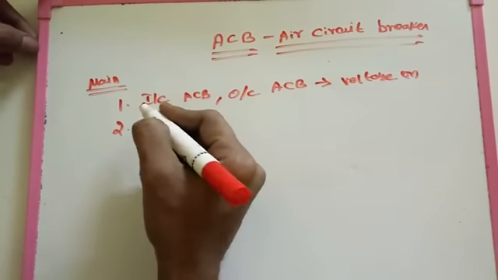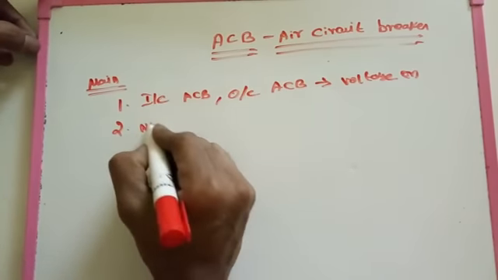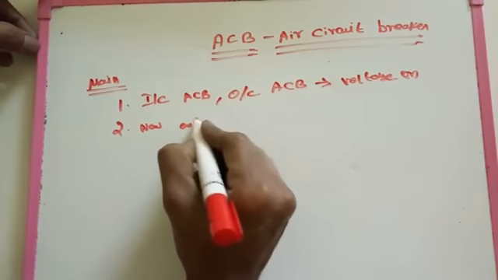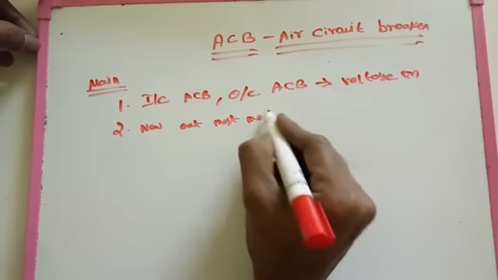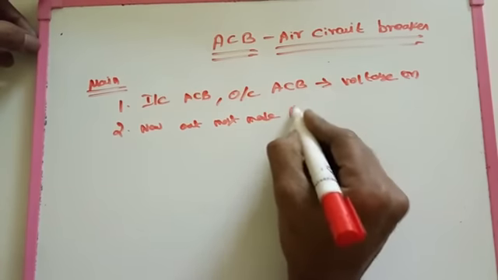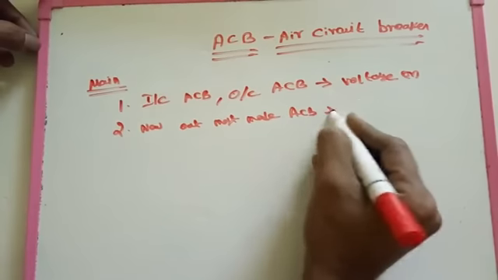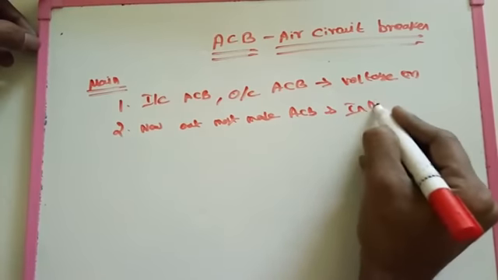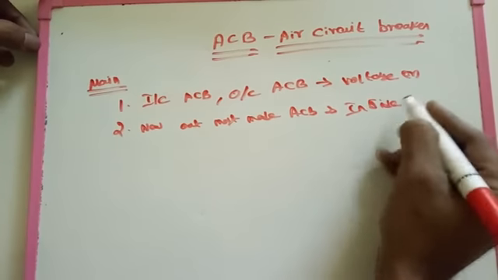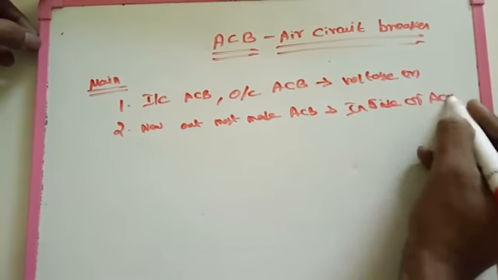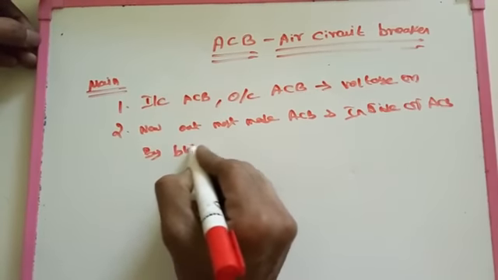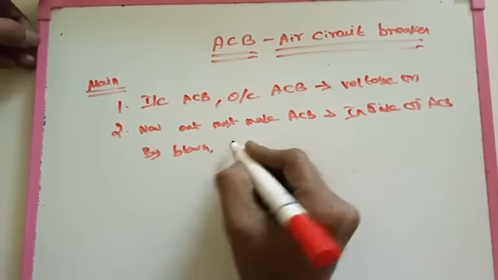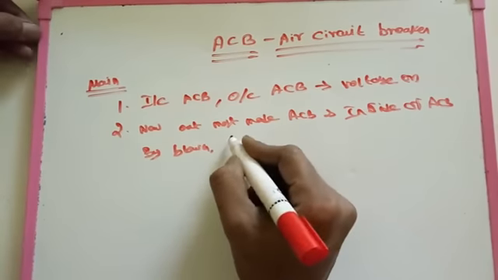After that, now we are going to clean the outermost body of the ACB and the inside of the ACB by using blowers or vacuum cleaners or any cleaning materials you have.